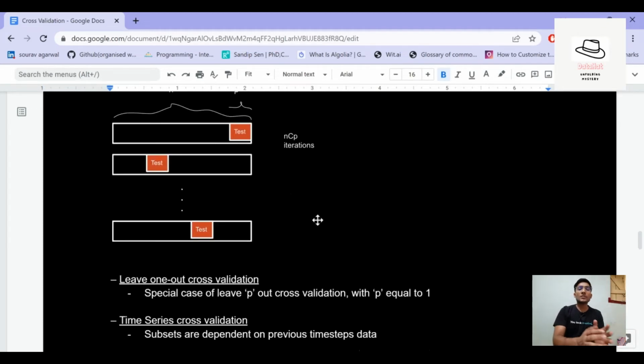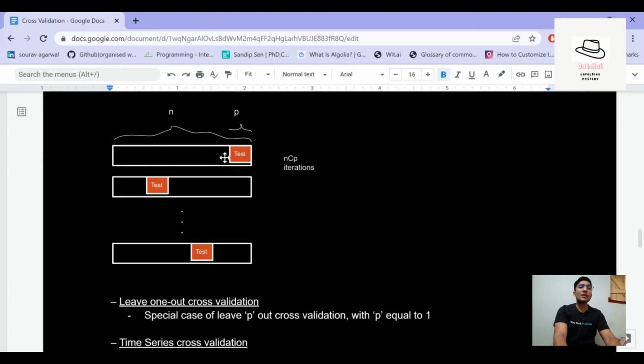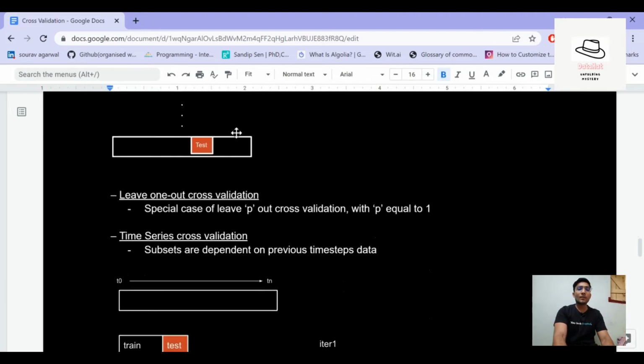Okay, you can just learn about permutation combination as part of a separate exercise. Here we are not going into the details of it. So what happens here, we are taking out each time a sample of p data points out of n data points and considering our validation set accordingly.